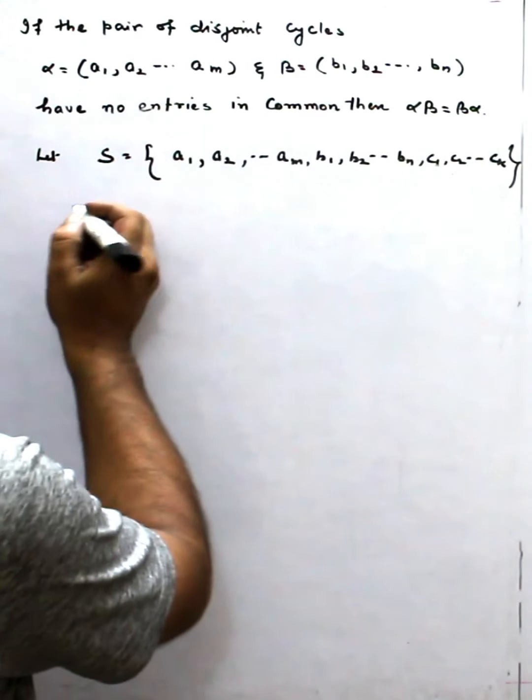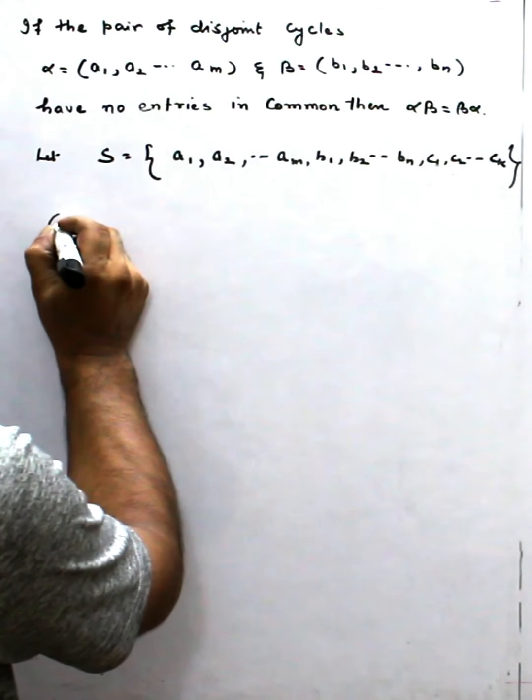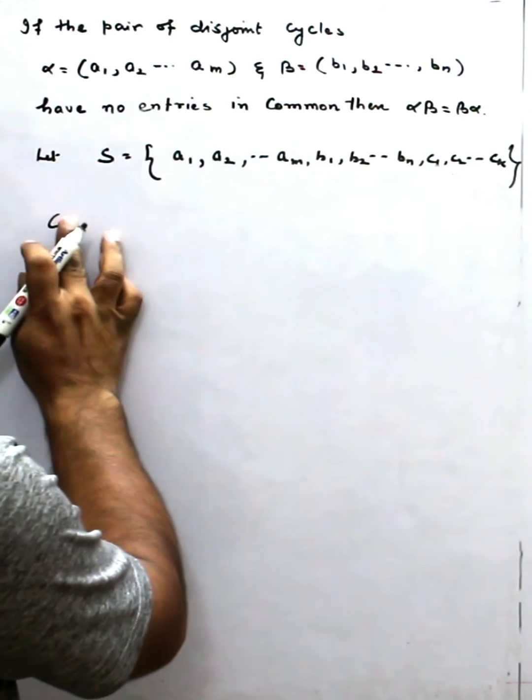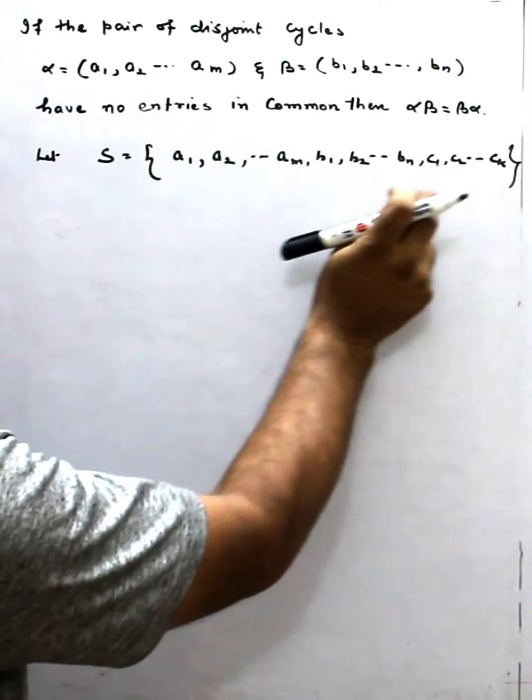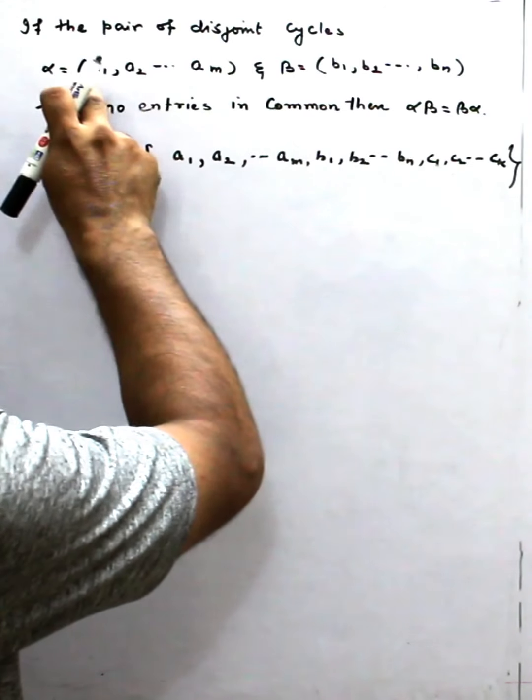Then what is given? One thing we notice here: because no C is contained in alpha or beta, that means all the C's, C1, C2 to Ck, are fixed by alpha and beta, right?